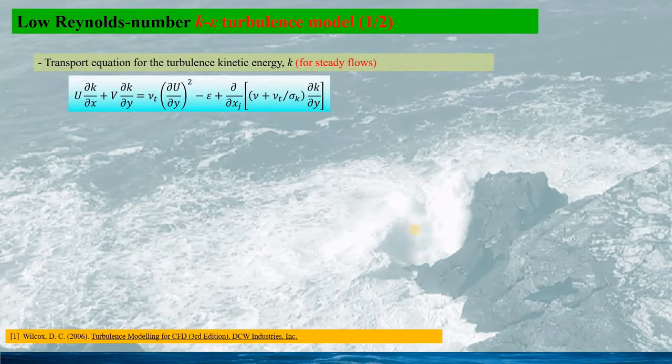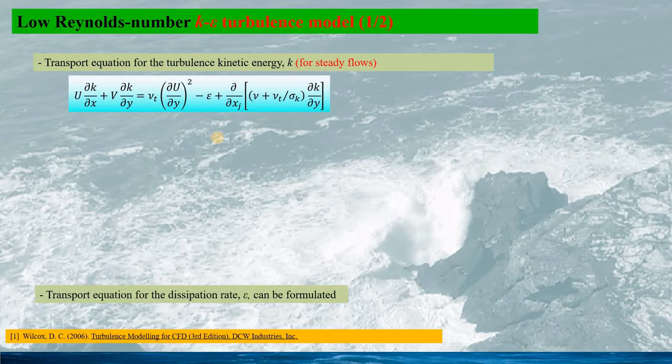For the low Reynolds number K-epsilon turbulence model, the transport equation for the turbulence kinetic energy, K, for the steady flow is given in this form. This form is very similar to the standard K-epsilon model.